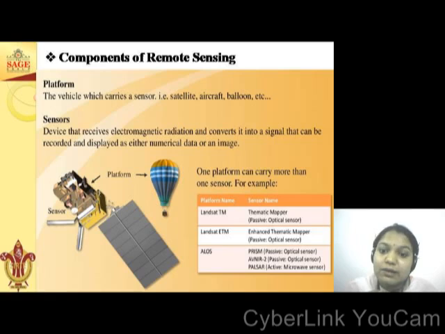Then the sensors. The sensors convert electromagnetic radiation into signal, which can be recorded and displayed as either numerical data or as an image. Also, one platform can carry more than one sensor, right? A satellite may carry more than one sensor, like optical sensor or micro optical sensor.